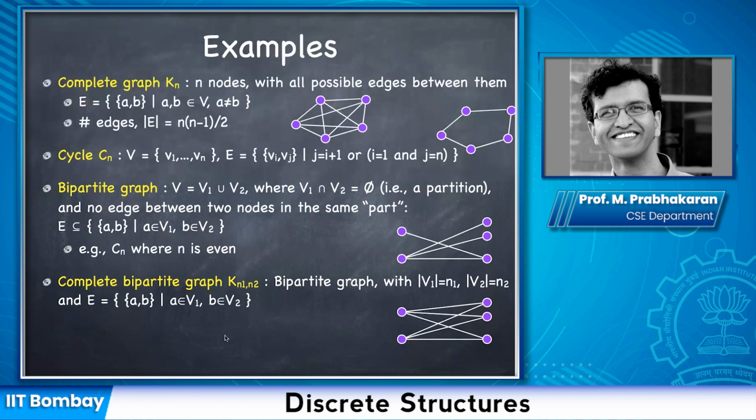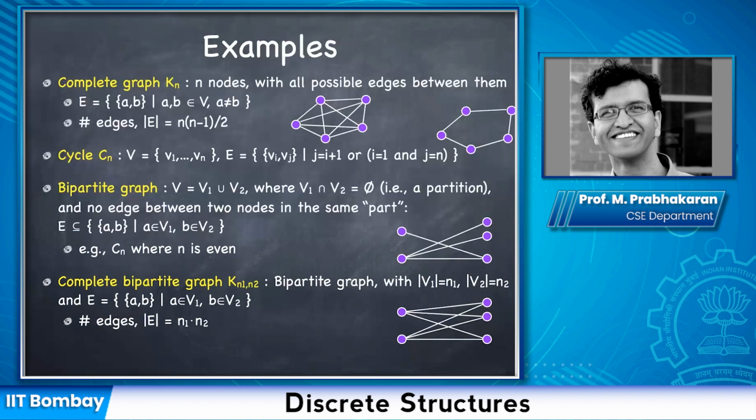And finally, complete graphs, complete bipartite graphs. These are just bipartite graphs where every possible edge between the 2 parts exists. So, every edge AB where A is in V1 and B is in V2. So a bipartite graph has an edge set which is a subset of the edge set of the complete bipartite graph.